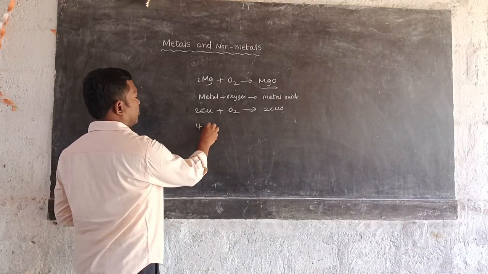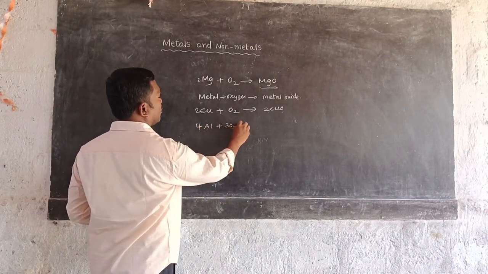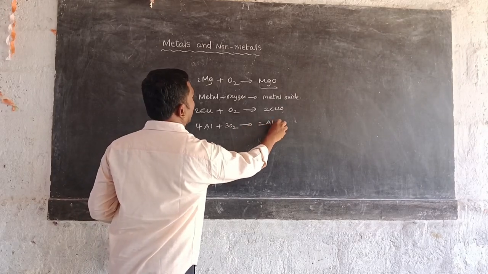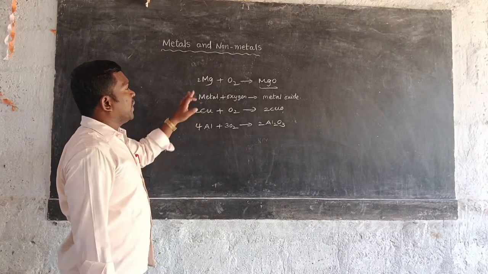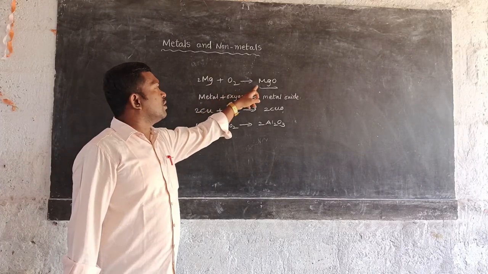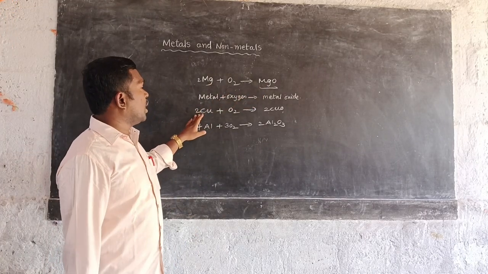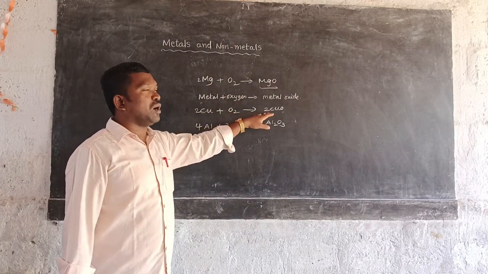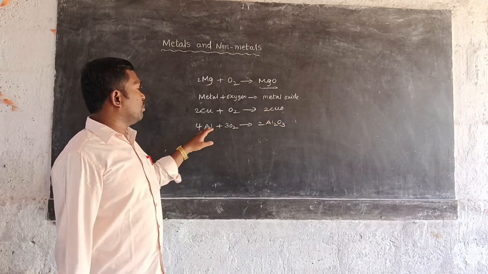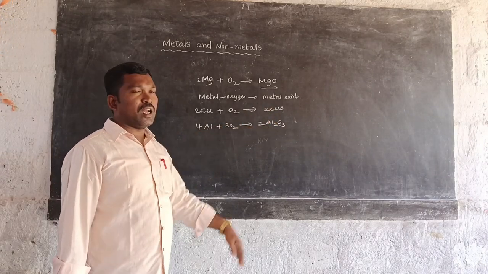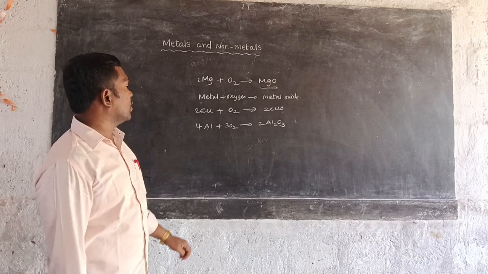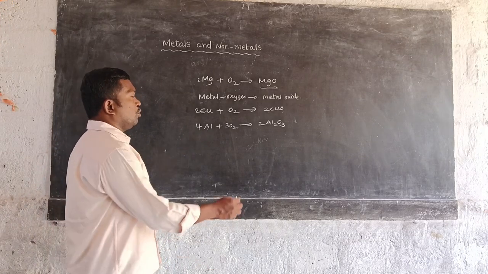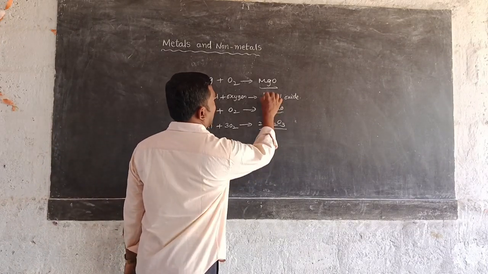Next, aluminium: 4Al plus 3O2 gives 2Al2O3. So magnesium burns in the presence of oxygen and magnesium oxide is produced. Copper burns in the presence of oxygen and copper oxide is produced. Aluminium burns in the presence of oxygen and Al2O3 is produced. Here aluminium oxide, these all are metallic oxides.